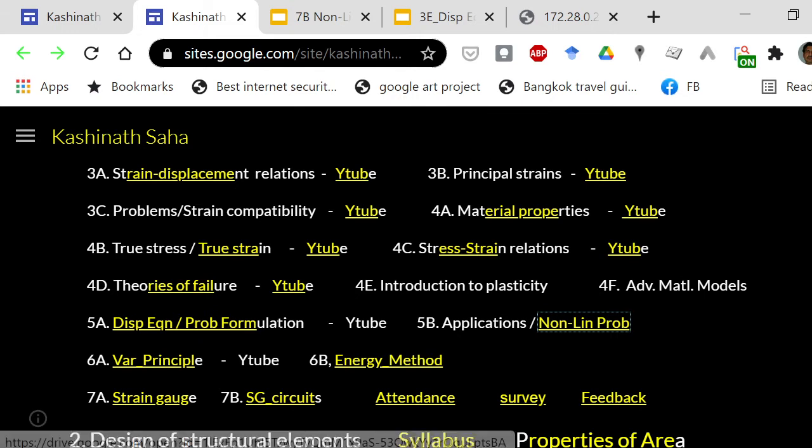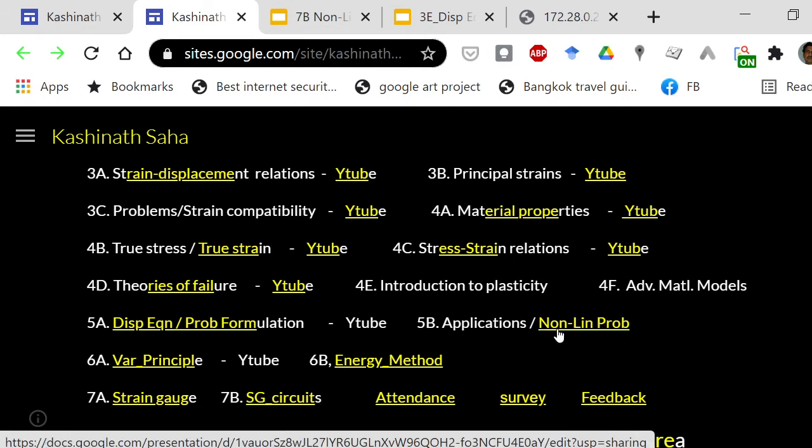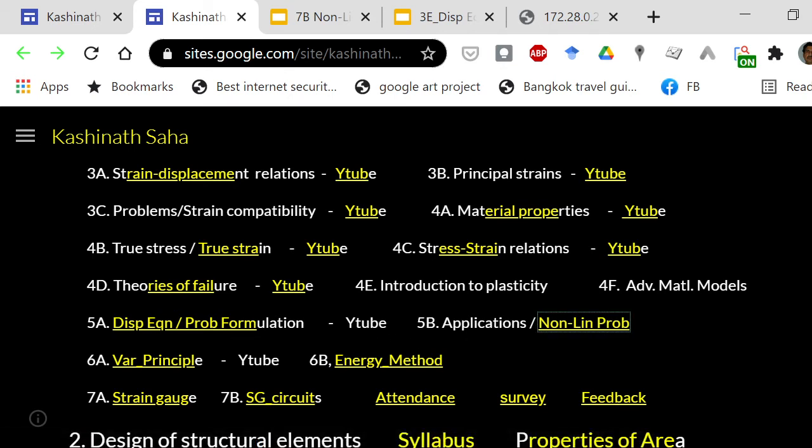And in connection with problem formulation, we will see different application areas, and some discussion on types of nonlinear problems.